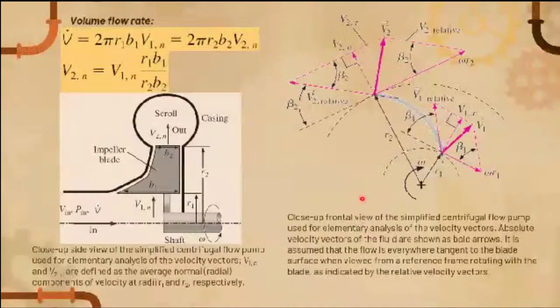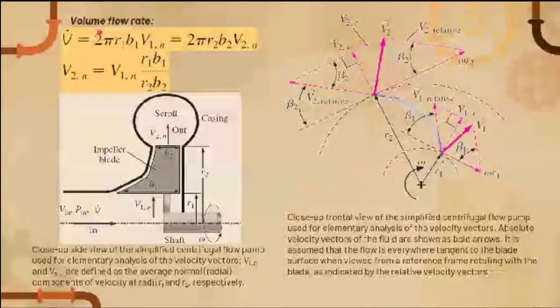Next, we will come to some calculations, some equations, which is what I mentioned just now, the R1, R2, B1, and B2. So the first one is the volumetric flow rate. This is due to the law of conservation. So you will have the inlet and outlet be the same.